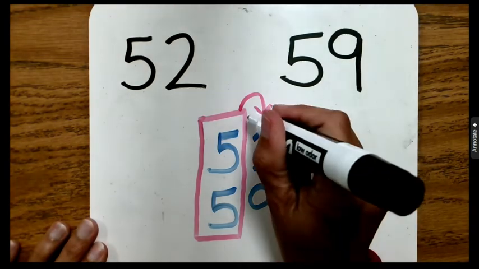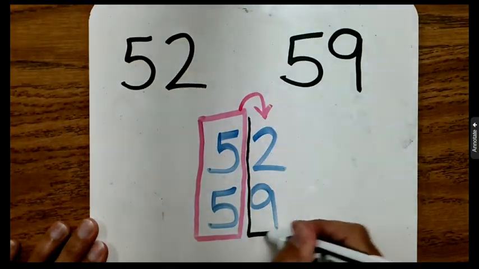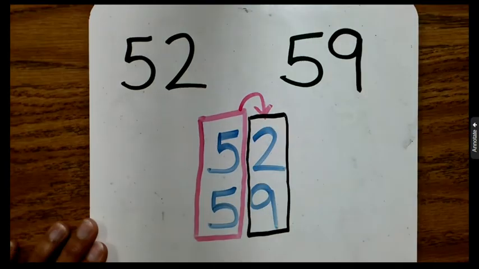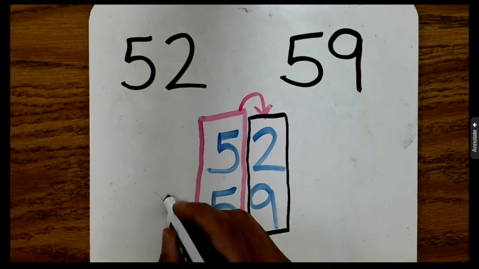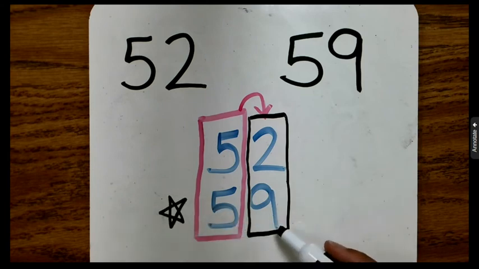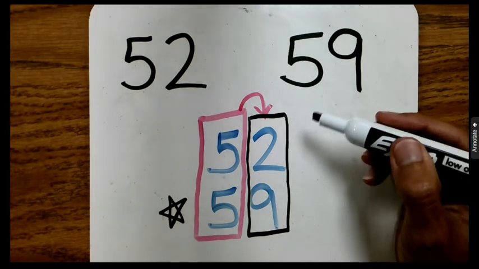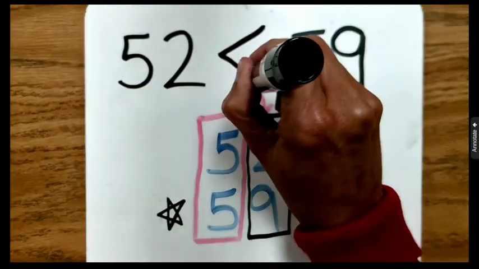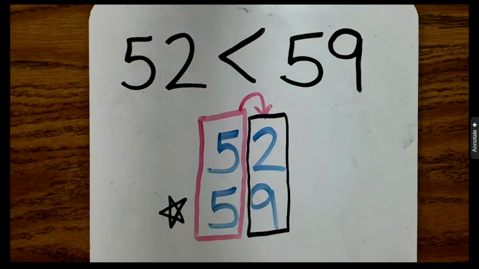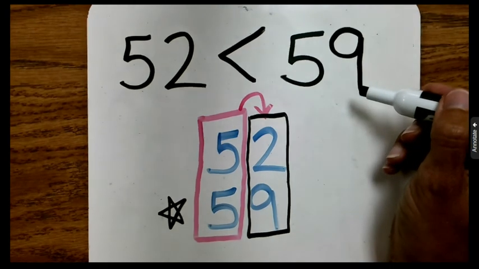So now, between the numbers 2 and 9, which of those digits is greater? We know that 9 is the greater digit. So 59 is the greater number. If we can't think of which way our arrow goes, we know that the big part of the arrow goes towards the bigger number.